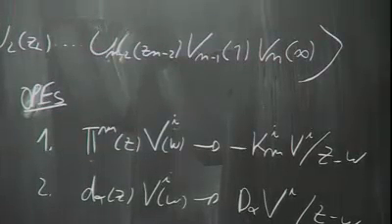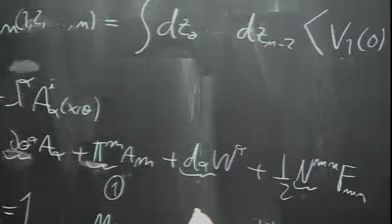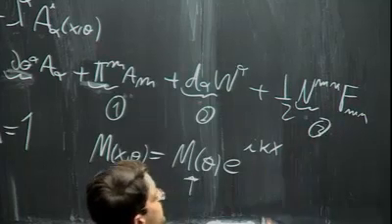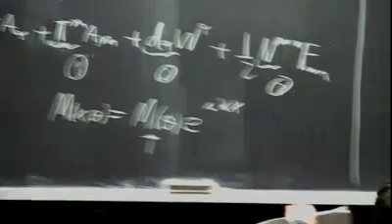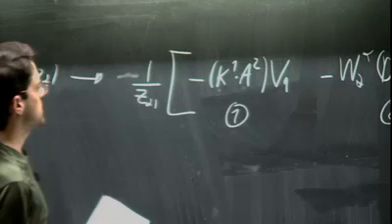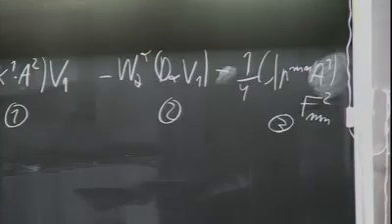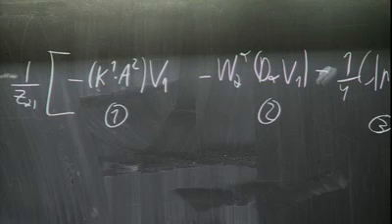So term 1 comes from this part, term 2 comes from this one, term 3 from that one. So this result is correct, but it's not convenient. It's not optimal, but let's see what we can do.